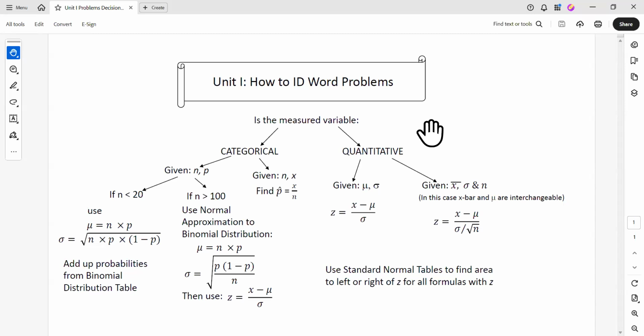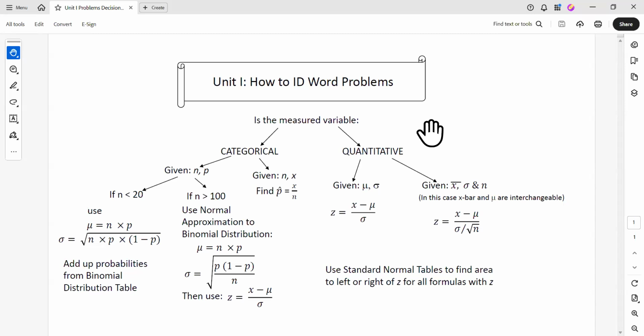On the categorical side, you need to know whether you're just being asked to find an estimated proportion or whether you're being given a little n and a little p, probability of success, in which case you're in the binomial distribution setting.